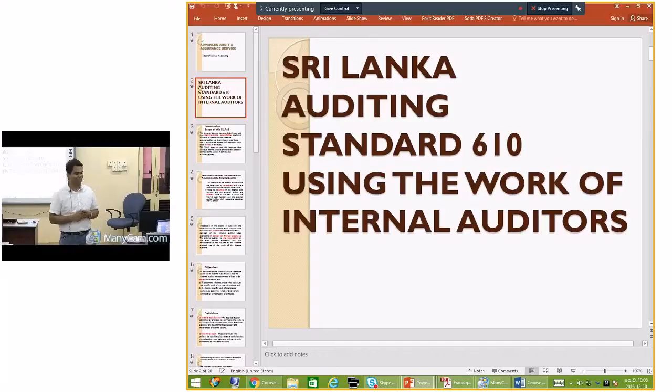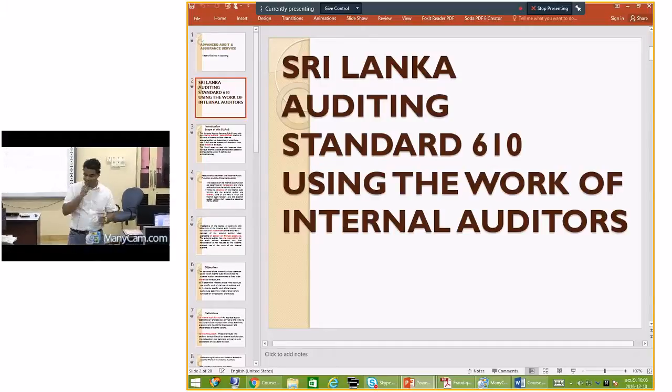Most organizations outsource the internal audit function. In most cases, a separate group from the external auditors' firm does the internal auditing as well. Let's say one audit firm works as the external auditors, and the same firm works as the internal auditors, but with a different partner.